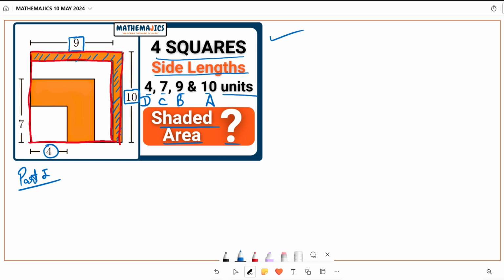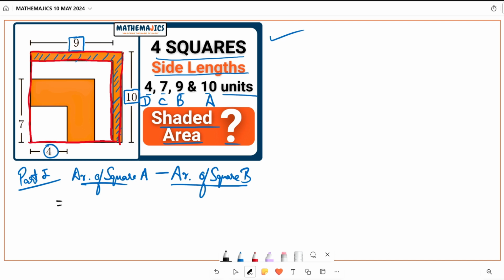So to find the area of part 1, we can subtract the area of square B from the area of square A. The difference between the areas of these two squares will give us the area of part 1.